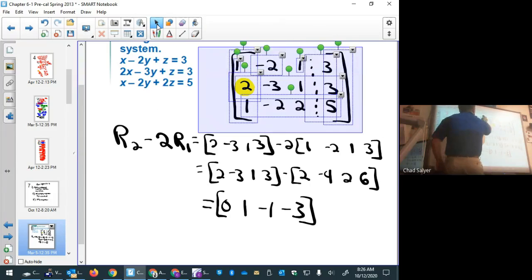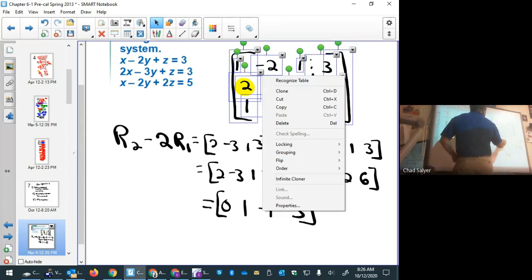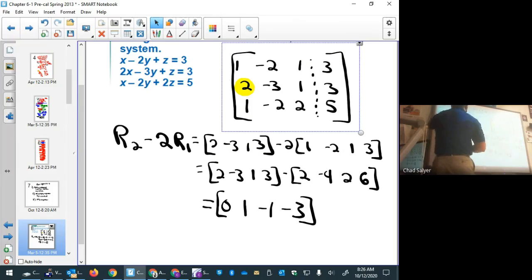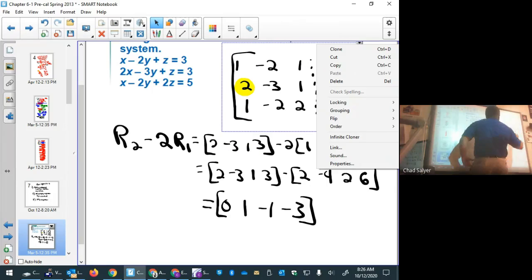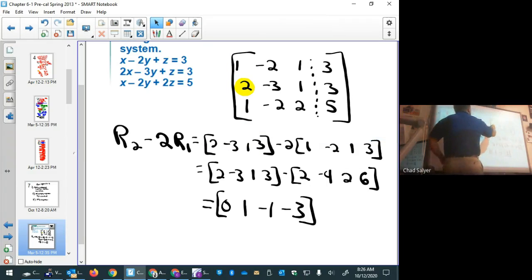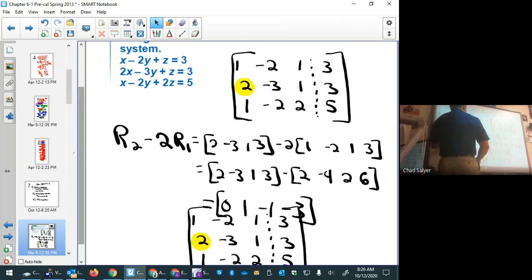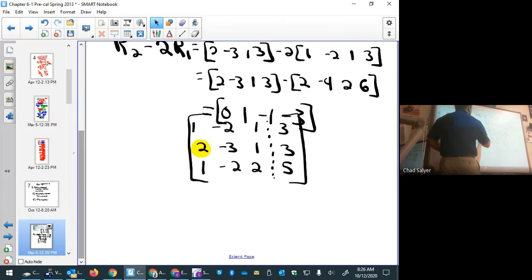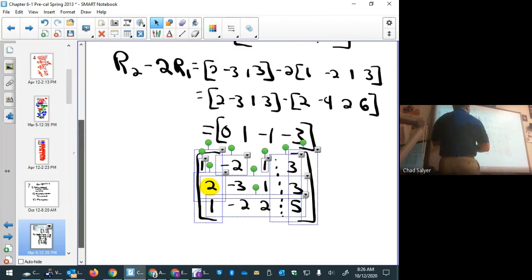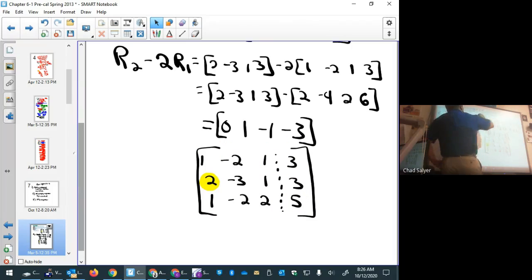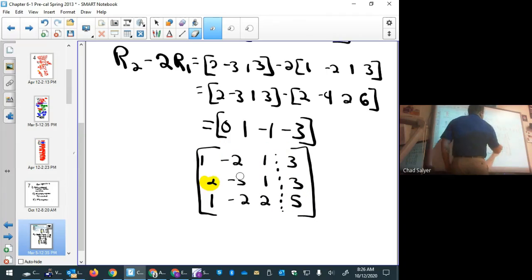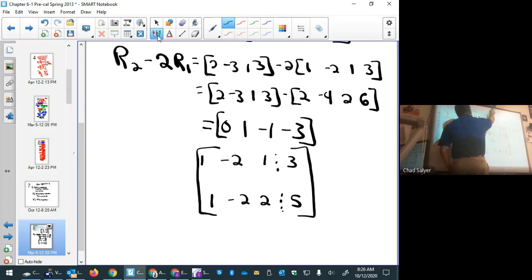Get our original here. It's going to be hard to keep up with me if I do it that way, so remind me to go slow if you get behind. All right, so we're getting rid of the original row 2 and replacing it with our new and improved row 2.